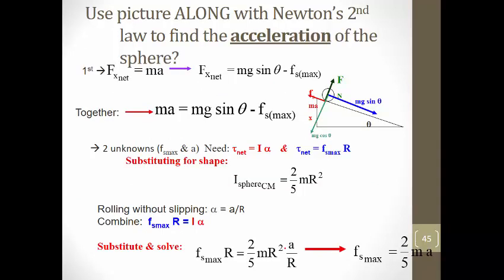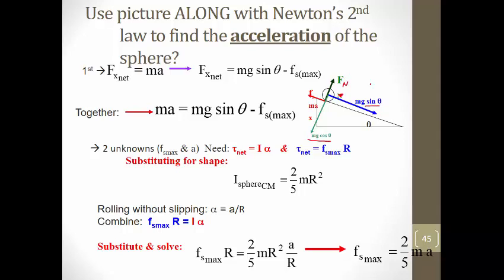We can also look at this in terms of forces acting, if that's what we're interested in. So we can apply Newton's second law. In this case, we have the two components of the weight and the normal force.